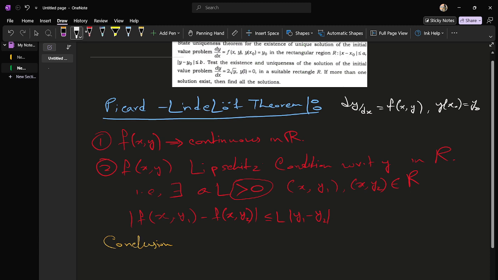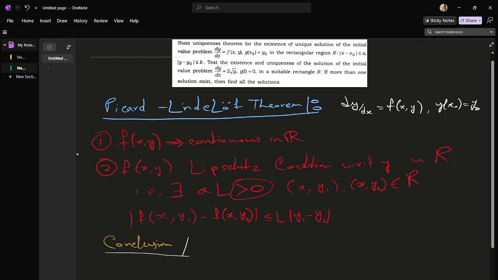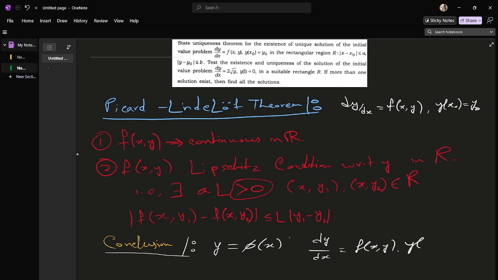If the above conditions are satisfied, then there exists a unique solution y = φ(x) to the initial value problem, which is given, and that is dy/dx = f(x, y). I am writing the problem once again.